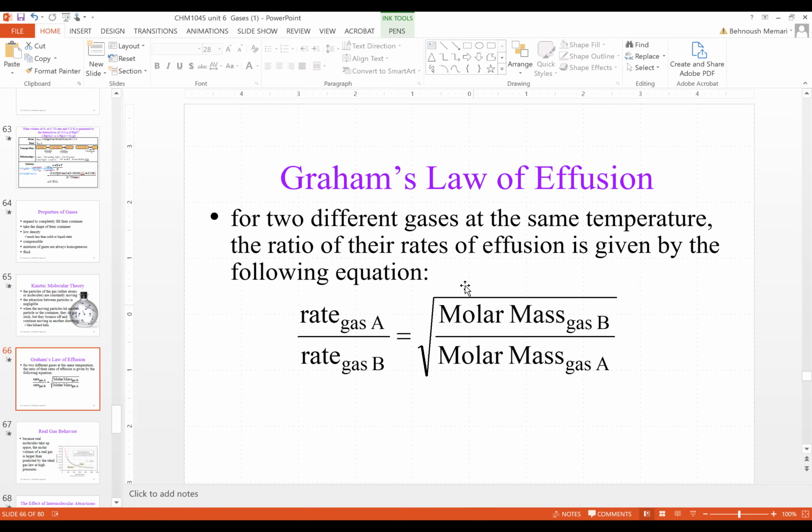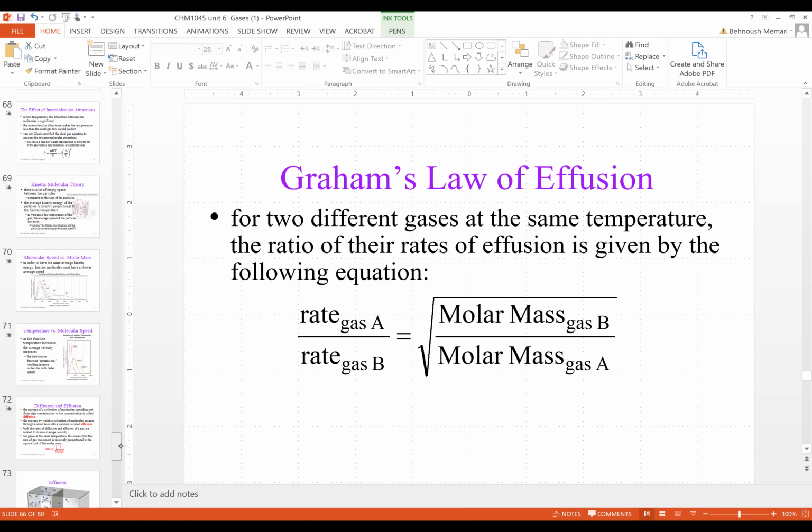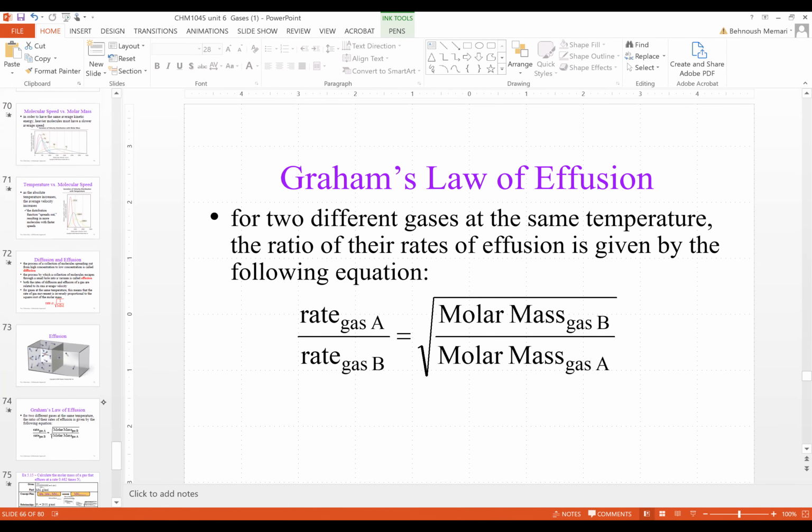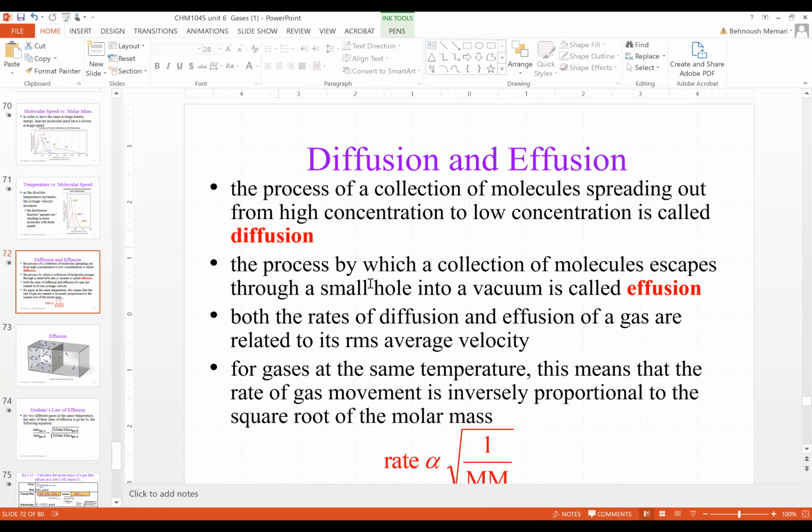One other topic is the law of effusion. Effusion is the process in which molecules escape through a small hole into a vacuum.